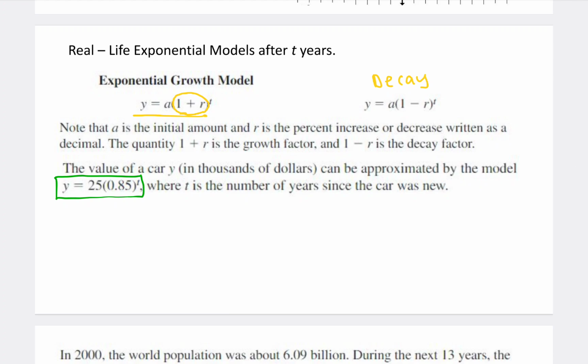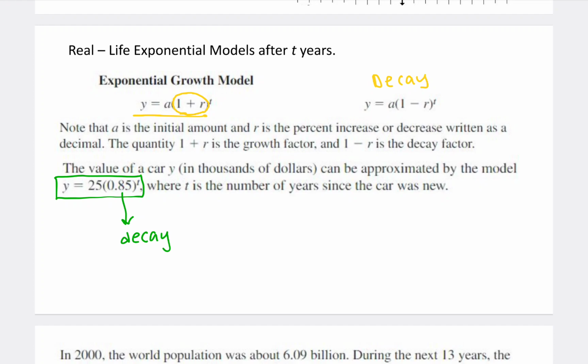So let's talk about what this means. 0.85, that's less than 1. That tells me that this is a decay model. Or in other words, the car is losing money. The value of the car is going down each year.